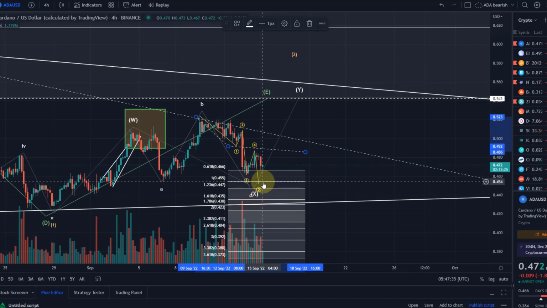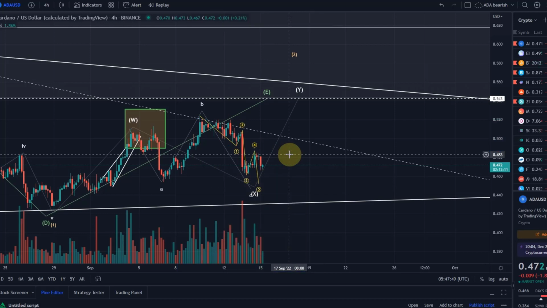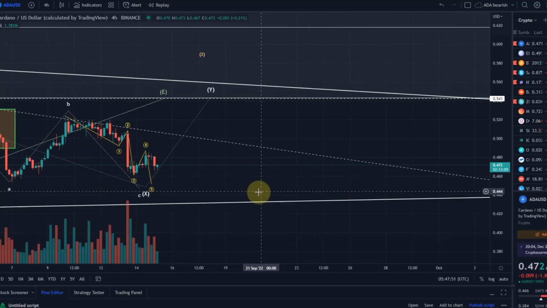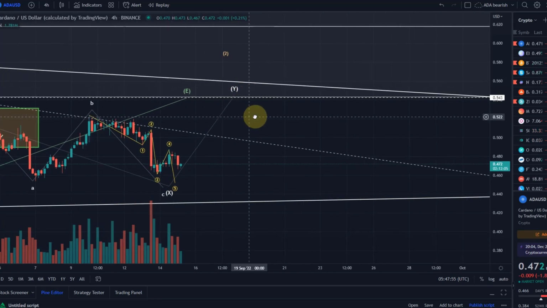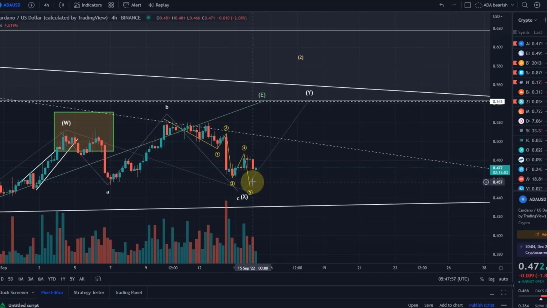The 1-to-1 ratio is 45.5. So these are two key levels potentially for the wave 5 of the wave C of the wave X. And that means ideally I'd like to see another wave down before we go up. That would confirm the wave 2 scenario and also the wave E, to be honest.